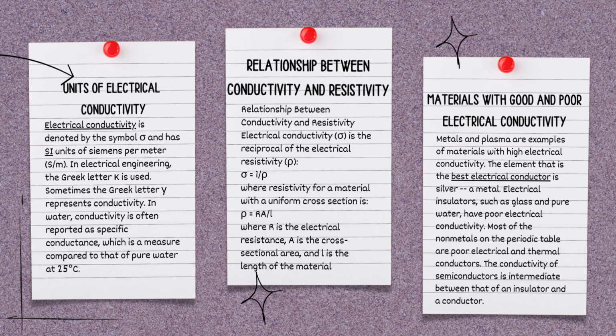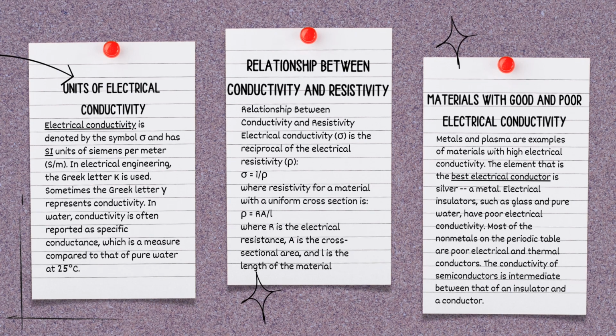There are materials with good and poor electrical conductivity. Metals and plasma are examples of materials with high electrical conductivity. The element that is the best electrical conductor is silver, a metal. Electrical insulators such as glass and pure water have poor electrical conductivity. Most of the non-metals on the periodic table are poor electrical and thermal conductors.